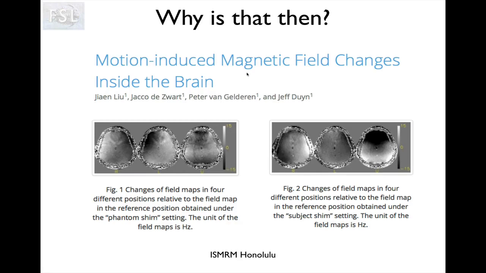And that's the same with the head in the scanner. If you rotate your head around an axis that is not parallel to the magnetic flux, i.e. if you rotate around the x-axis or the y-axis, then you will change the field.